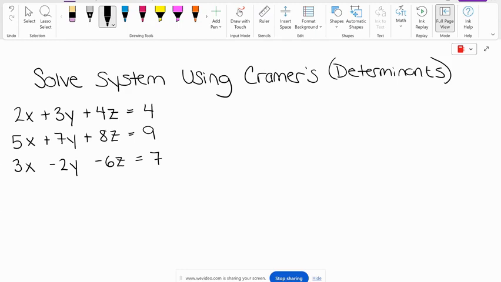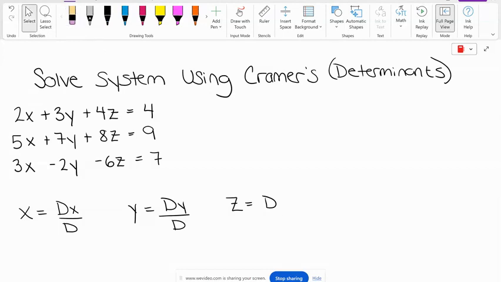Now remember, when we're solving using Cramer's, we have that x is equal to D sub x over D, y is equal to D sub y over D, and z will equal D sub z over D. What is D?